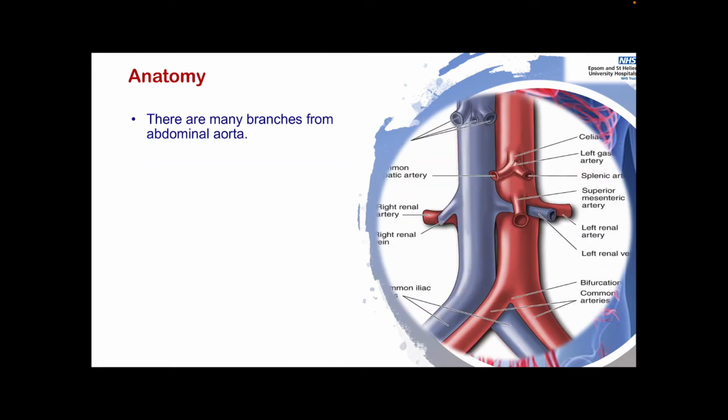There are many branches from the abdominal aorta. We have the celiac axis, right, it will be at the level of the T12. This is the celiac axis.